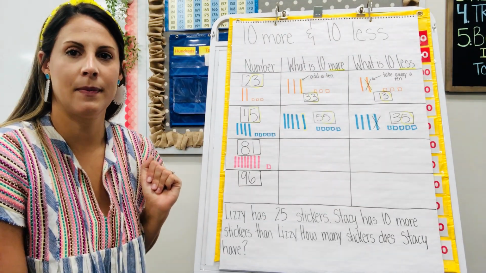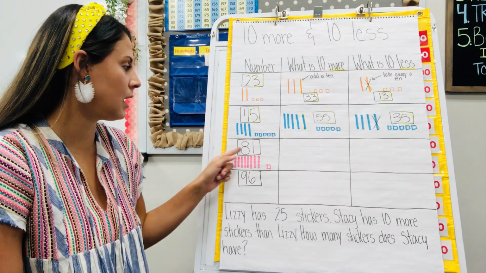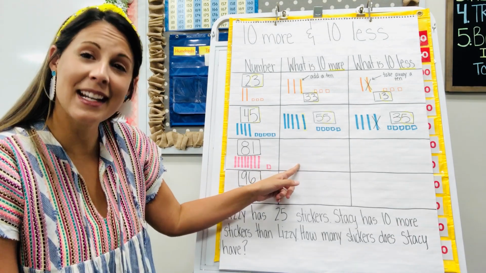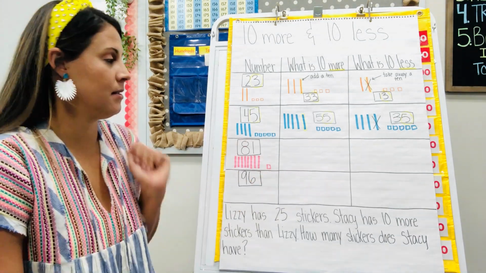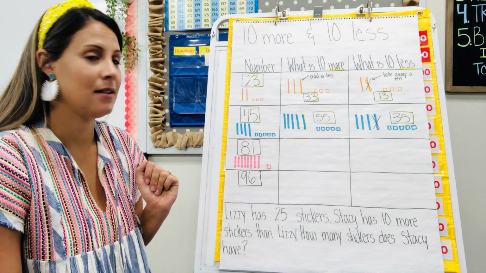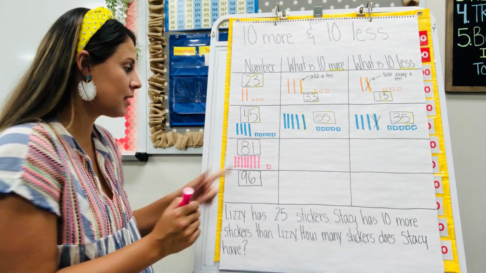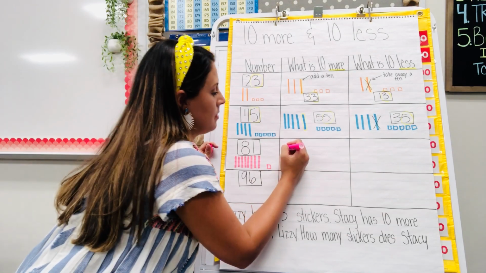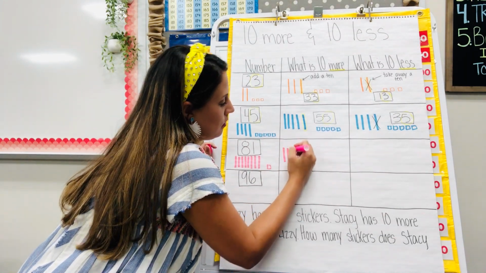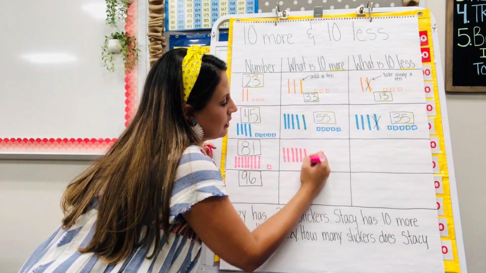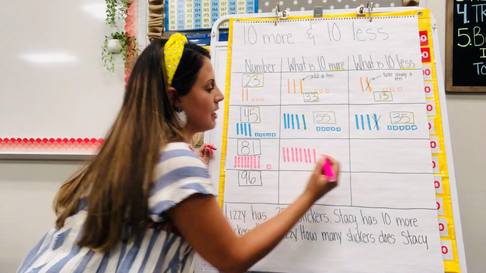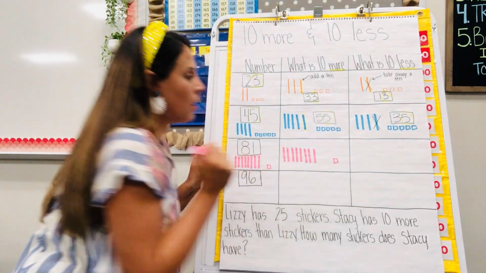All right, what is 10 more? Let's think about it. 10 more than 81. Am I going to add a 10 or take away a 10? I'm going to add a 10. 10 more. So first I need to draw 81. 2, 3, 4, 5, 6, 7, 8 tens and 1 1.